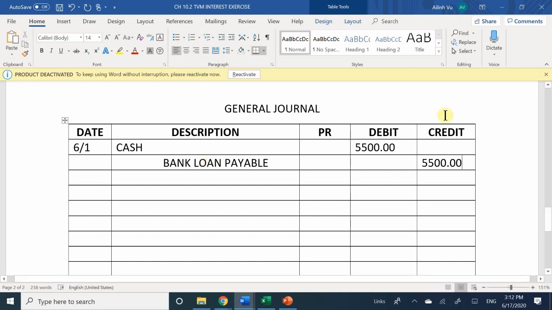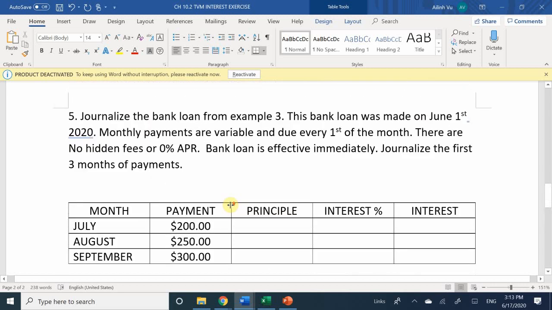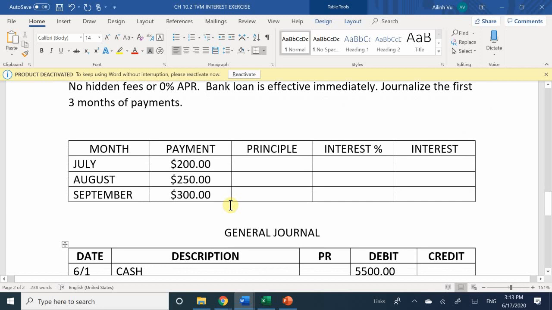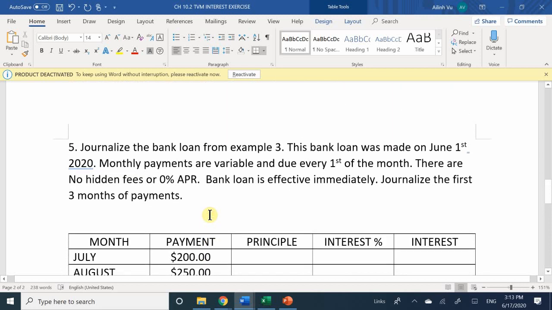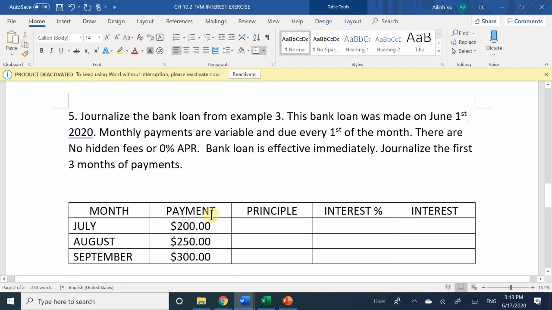Here, I recorded that I just opened up my bank, and this is my amount. Okay? So, when July 1st rolls around, I'm going to make a $200 payment. Now, we need to calculate the interest that's been accrued for that very first month.